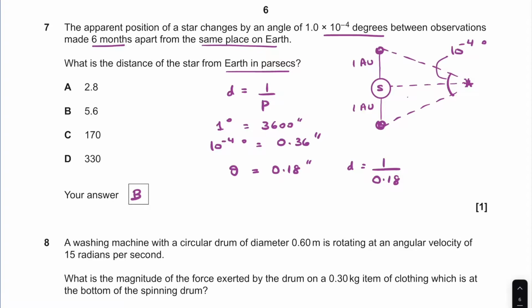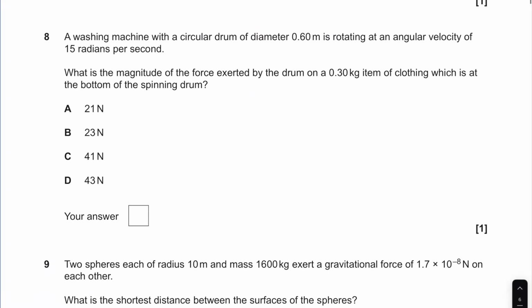Okay, question number 8. A washing machine with a circular drum of diameter 0.6 meters is rotating at an angular velocity of 15 radians per second. What is the magnitude of the force exerted by the drum on a 0.3 kilogram item of clothing which is at the bottom of the spinning drum?